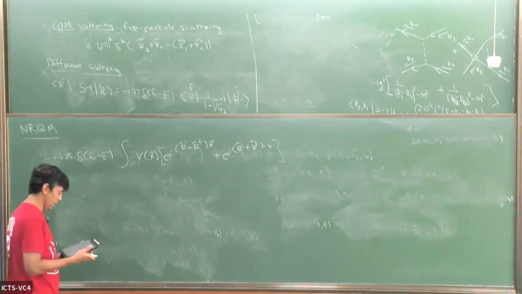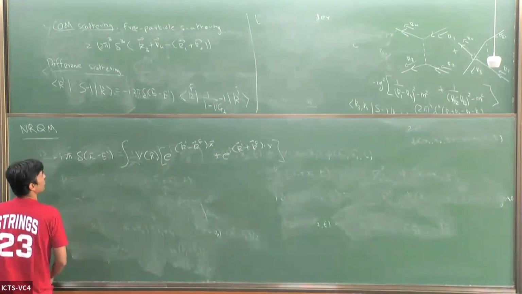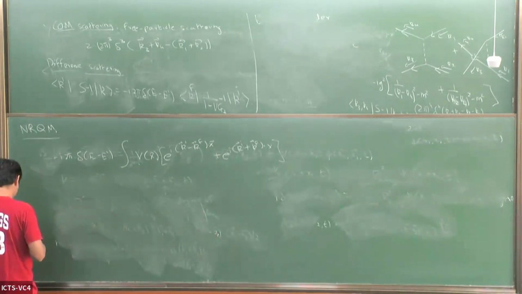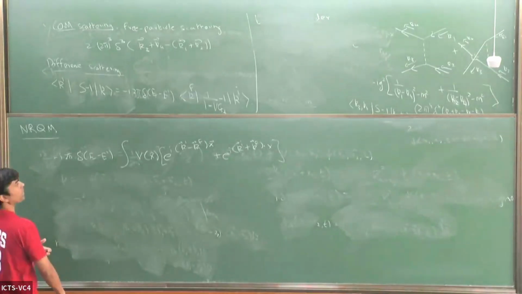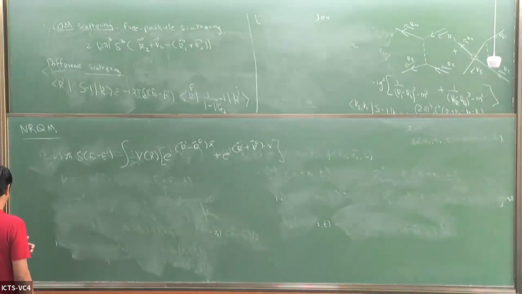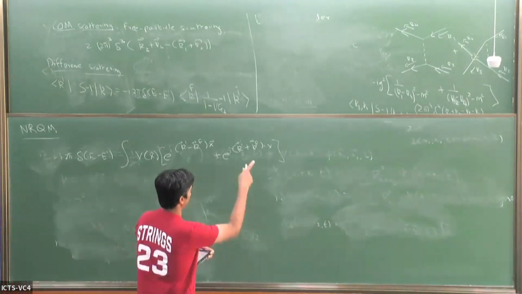Now, what is ki for us? It's already looking a little bit like what we have there.